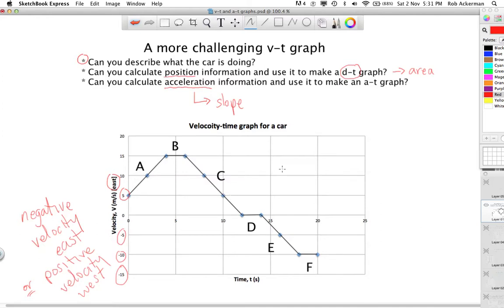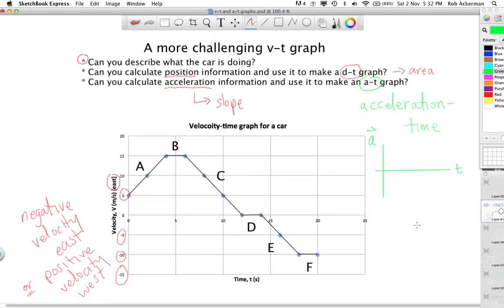And then what I'd like you to try is finally to make our third graph, which I have not mentioned yet in this class, the acceleration time graph. What is an acceleration time graph? Well, as its name suggests, what you're going to do here is use all the accelerations, which of course are slopes, and plot, instead of velocity versus time, acceleration versus time.